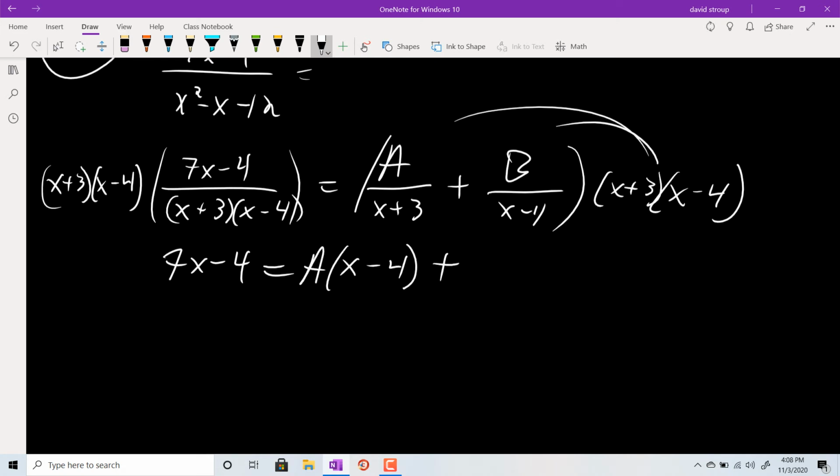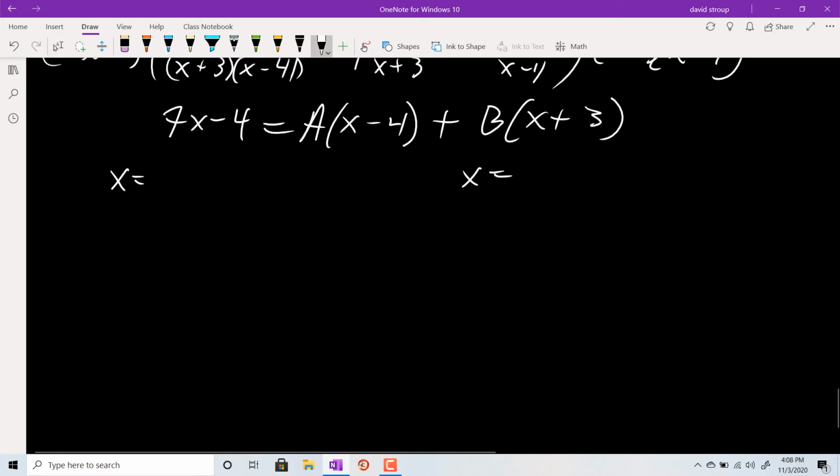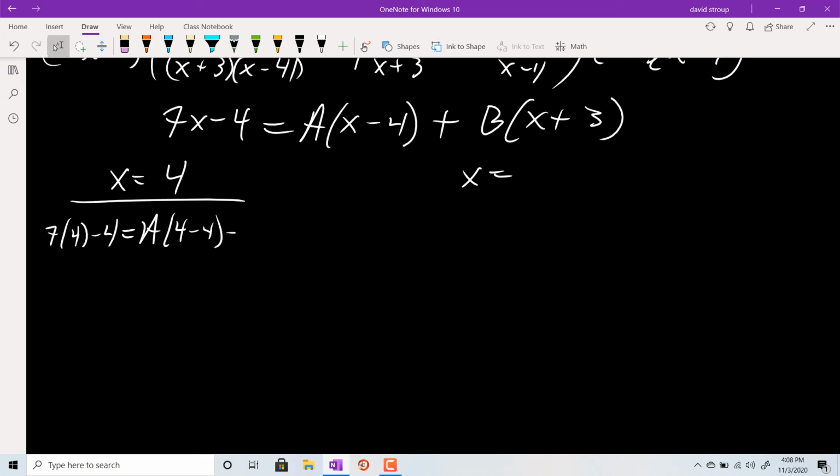The second distribution, the x minus 4's will cancel, leaving you with b times x plus 3. Okay. And again, we have to pick numbers that will cause cancellations. So I need to pick 4 to get rid of the a. So that'd be 7 times 4 minus 4 equals a times 4 minus 4 plus b times 4 plus 3.